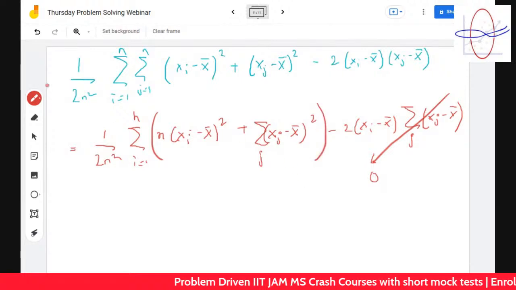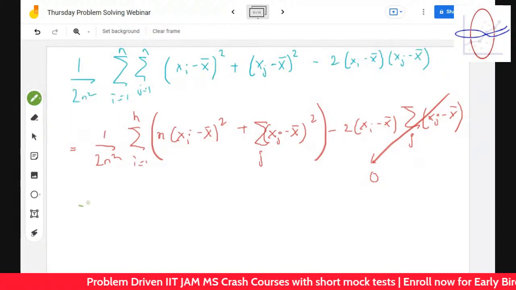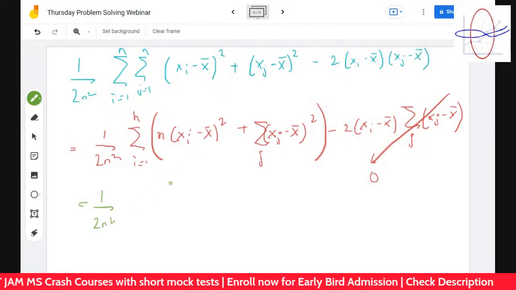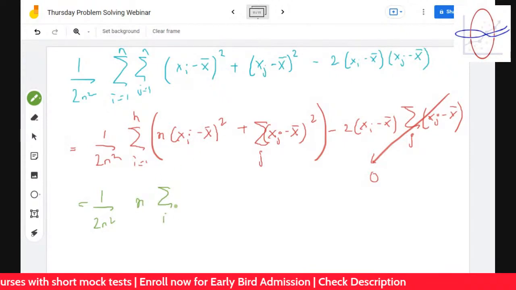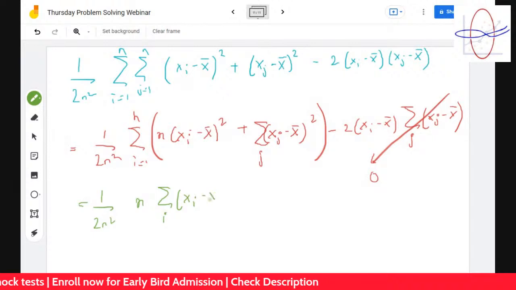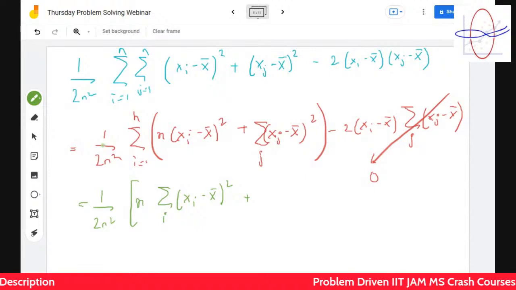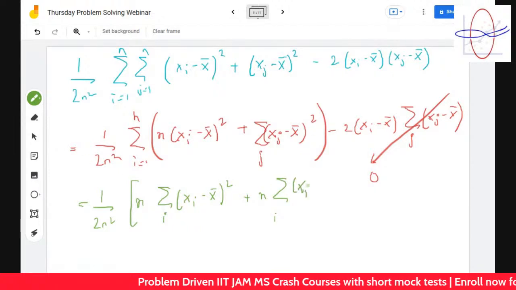Okay, and therefore this really helps a lot. And therefore 2n square. You see this is dependent upon this. So it's n times summation over i of (xi minus x bar) whole square. Plus here it's n times; it's now a constant with respect to i, so it's n times summation over j of (xj minus x bar) whole square.